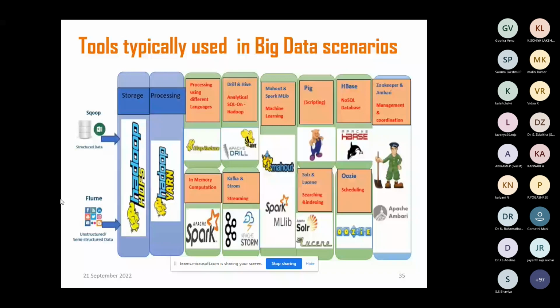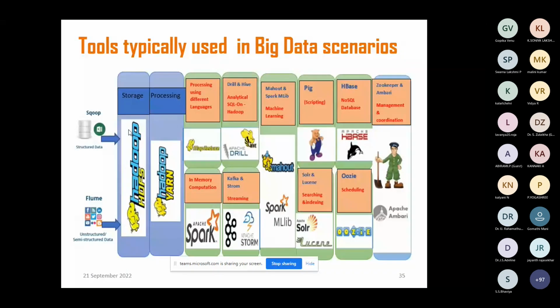I can think of bringing the data available in my database to Hadoop and handle it there, where Sqoop provides a facility. And Flume is used when you are about to bring unstructured or semi-structured data into your Hadoop platform. Of course, you can see this set of tools is available.